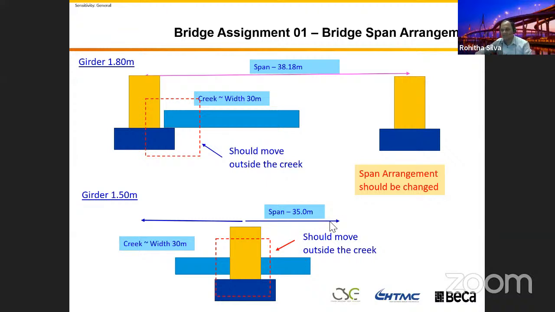You need to have a span, one pier on this side, one pier on this side. Then you need to get your bridge to work. You can't just do this in an Excel sheet. You can do this only if you draw on a piece of paper.